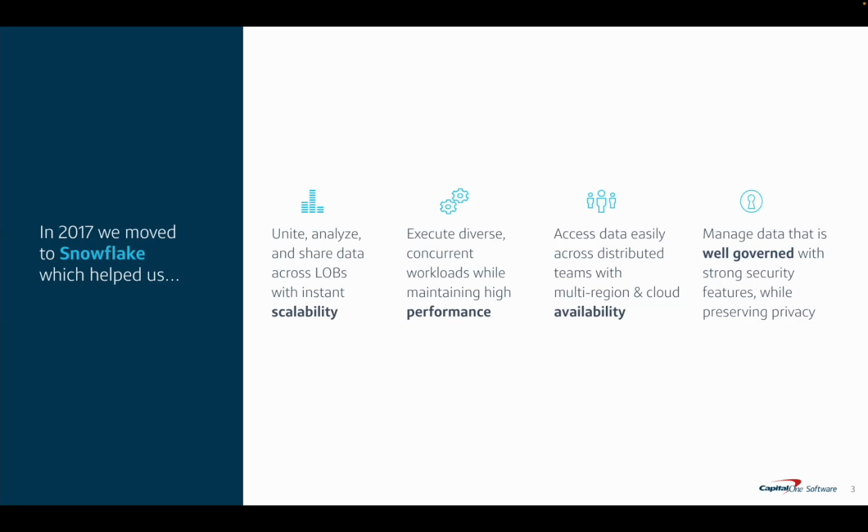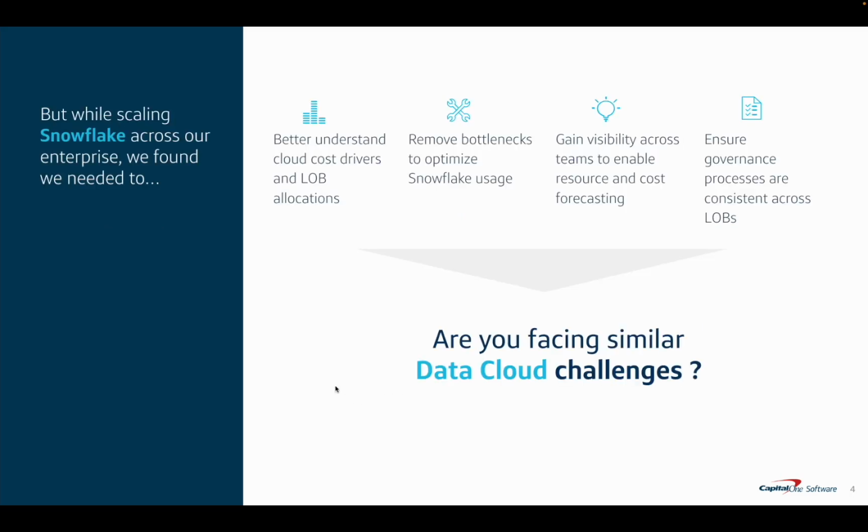This was possible thanks to Snowflake's scalability, performance, high availability, and its security and privacy features. However, this rapid growth presented a challenge in predicting our spend and deploying Snowflake resources efficiently. We quickly learned that we needed proper controls and oversight to better understand cloud costs, optimize Snowflake usage, and ensure governance processes across lines of businesses.